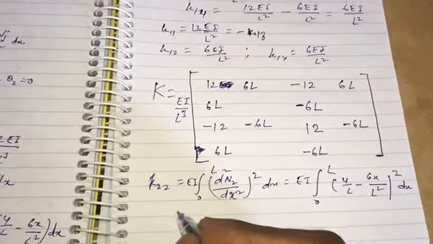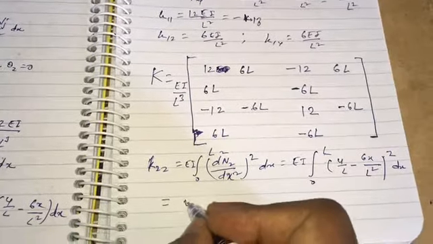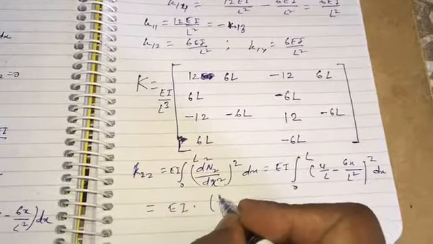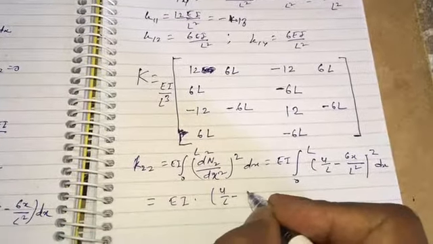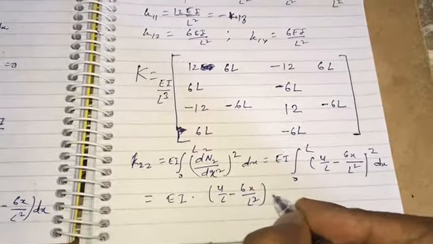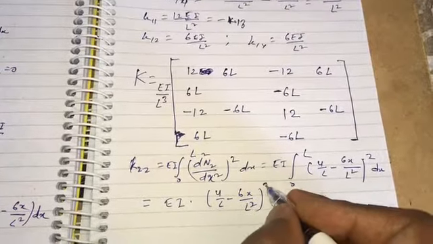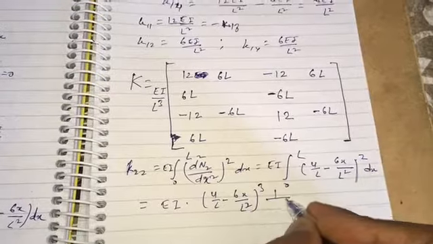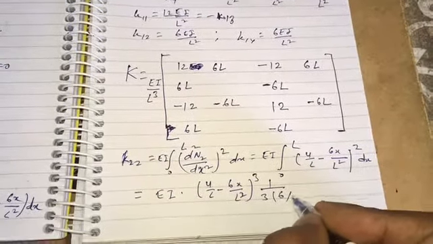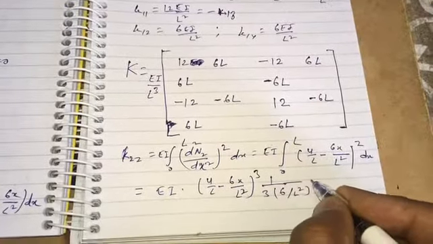Okay, so what do we get? We get here EI multiplied by 4 over L minus 6x over L square, and then cube, 1 over 3, and then 6 over L square.